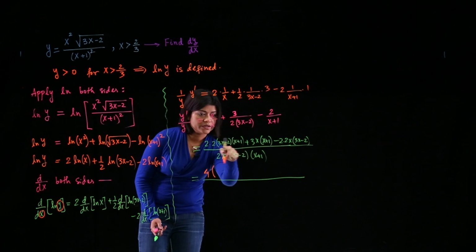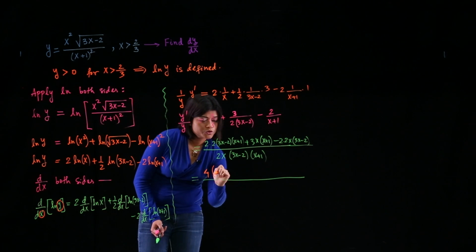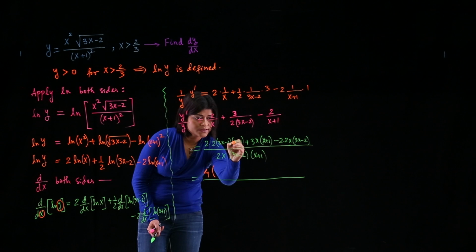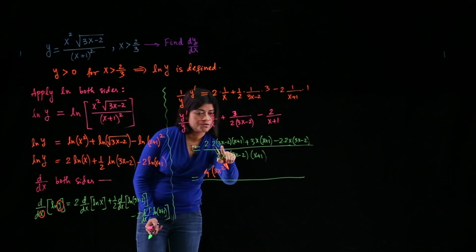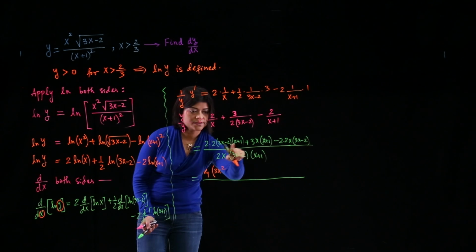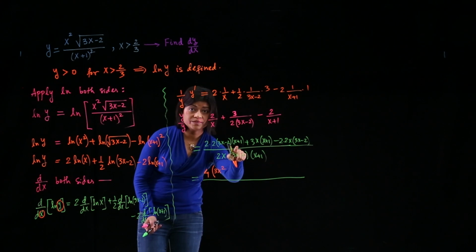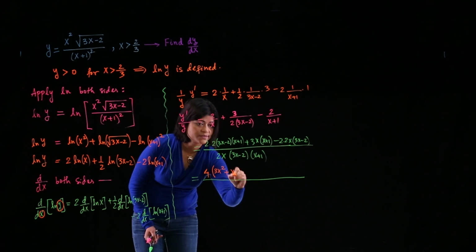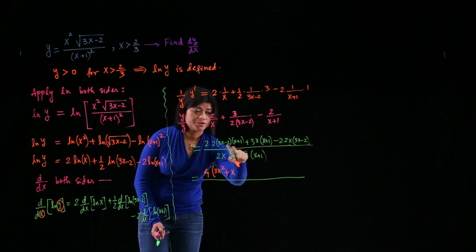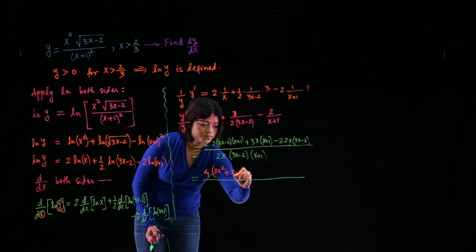Okay, let's FOIL these 2 factors here. So 3x times x, we have 3x squared. Next, you see 3x times 1, 3x, minus 2 times x, minus 2x. So 3x minus 2x will be plus x. Negative 2 times 1 is minus 2.